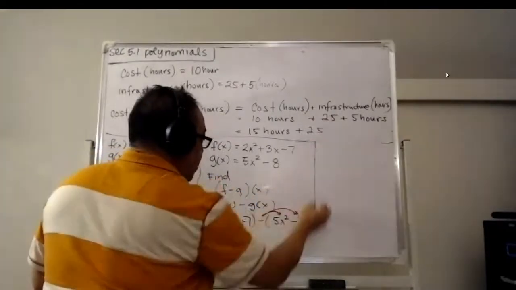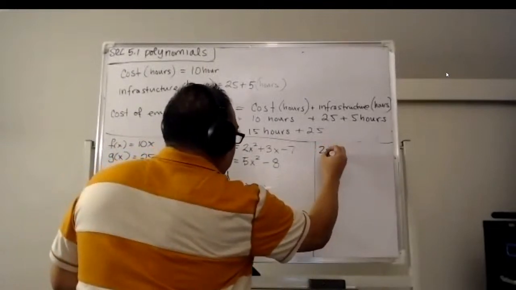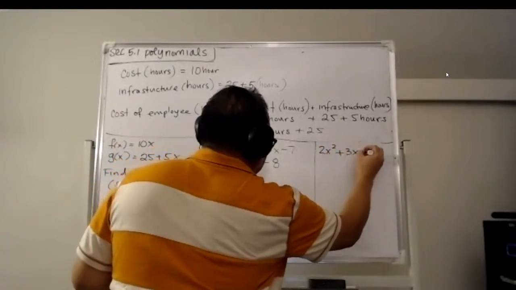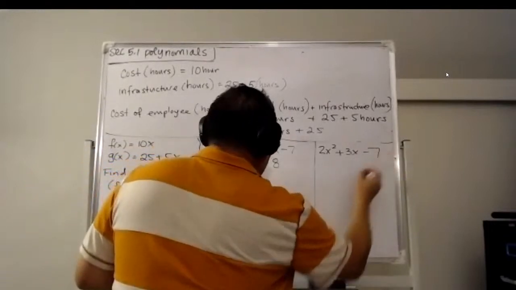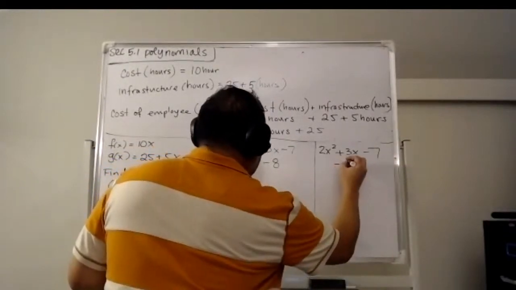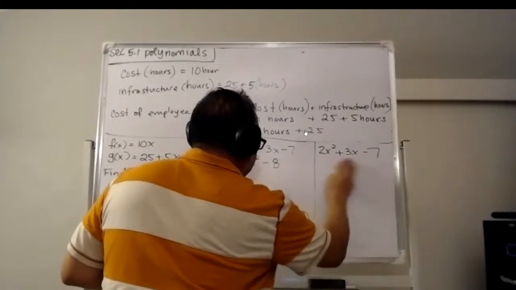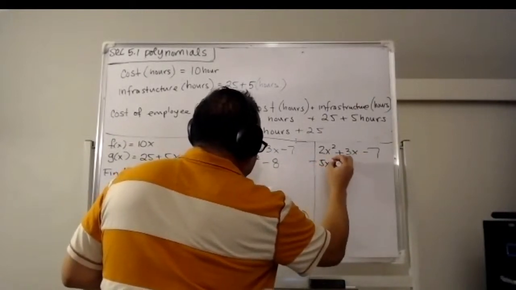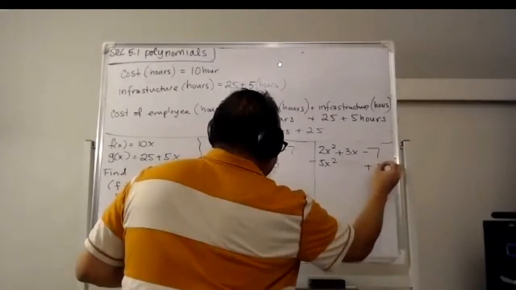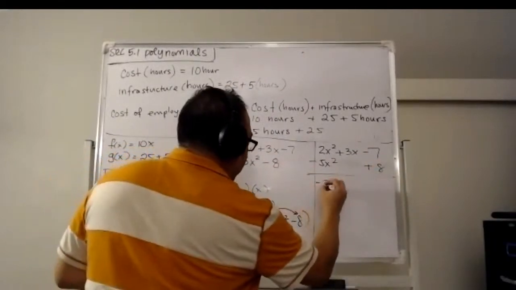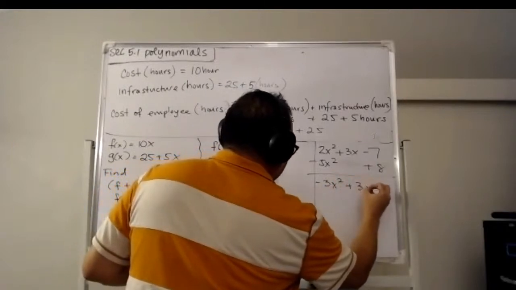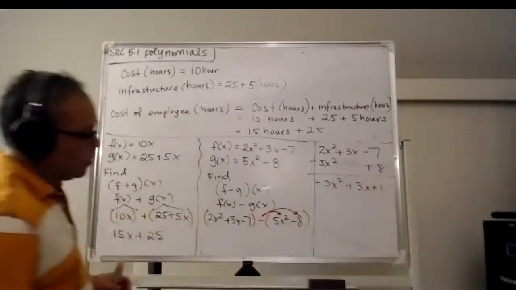And then I'll get 2x squared plus 3x minus 7 minus 5x squared plus 8. So now you'll get minus 3x squared plus 3x plus 1, and then we're done.